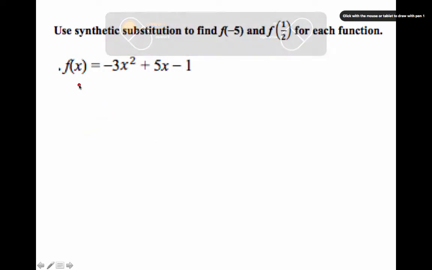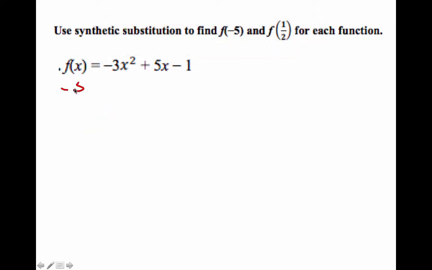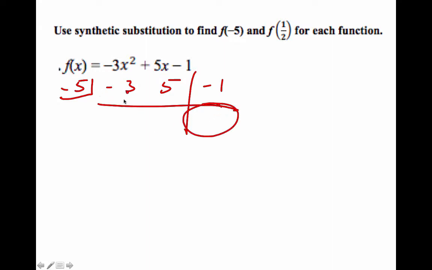Synthetic substitution. So I'm going to put -5 into the box, and -3, and +5, and -1, and this will be my answer, and drop it, and multiply, and drop it. Holy cow. This escalated quickly. -3 times -5 is +15.